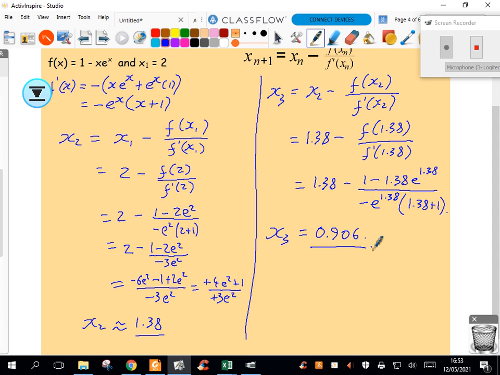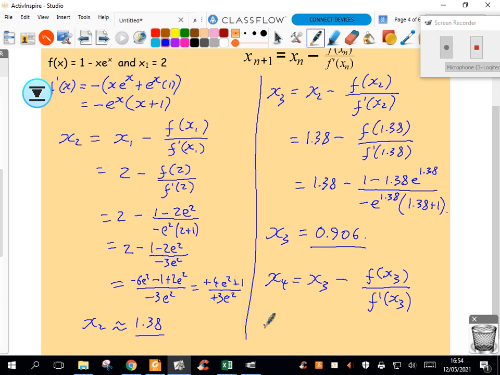To find another guess, I would just say x4 is going to equal x3 minus f of x3 divided by f prime of x3, etc. Plug x3 in there.